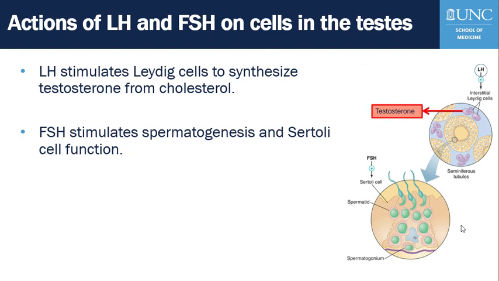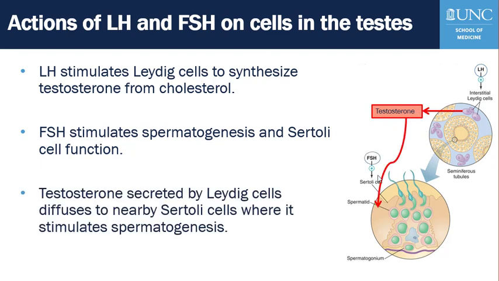FSH stimulates spermatogenesis and Sertoli cell function. So upon FSH stimulation, the Sertoli cell secretes lots of proteins, including androgen binding protein and inhibins, which are important for regulation. That testosterone that's secreted by the Leydig cells has local effects within the testes, and it also has effects at distant target sites.